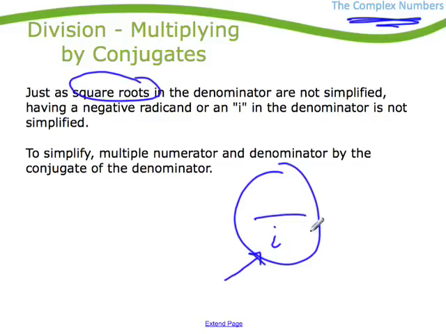Similarly to, you can't have a radical on the bottom. Or, if I have a 2/4, I have to simplify that. So if I see an I on the bottom of a fraction, I need to get rid of it. And similarly to working with radicals, the rules of getting rid of them are the same.